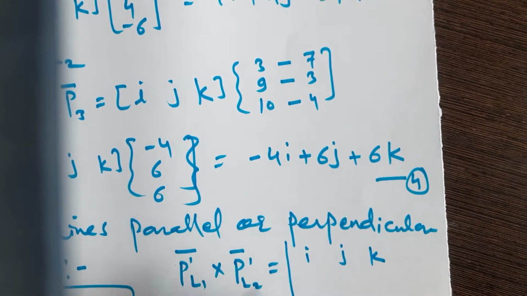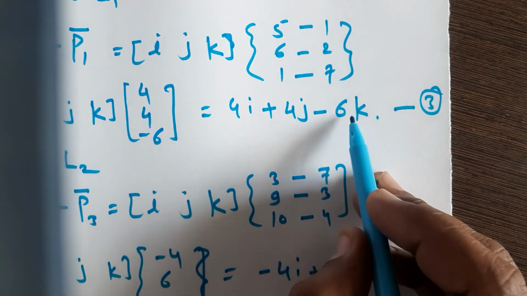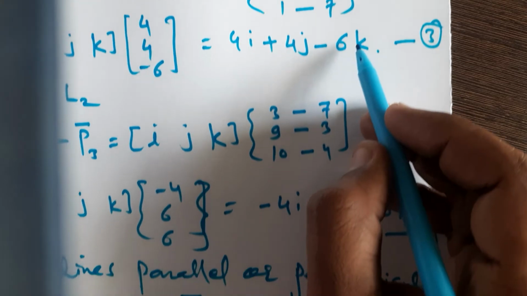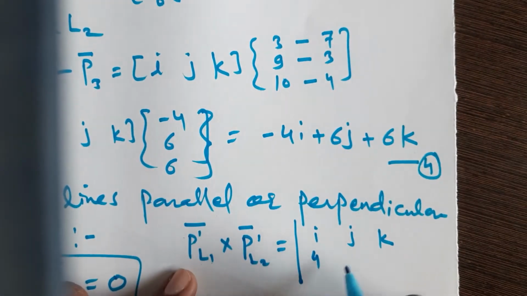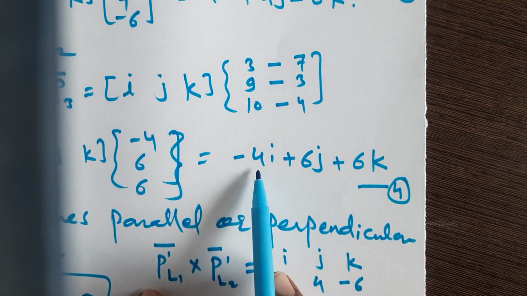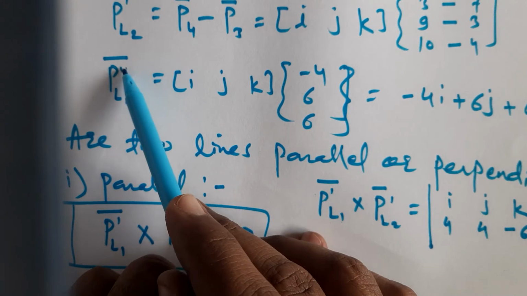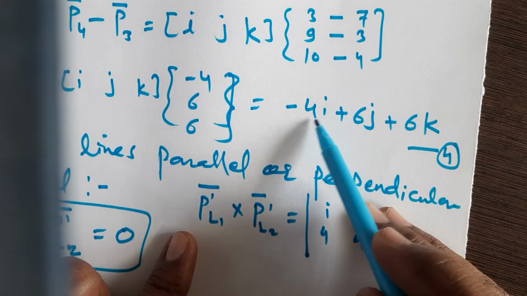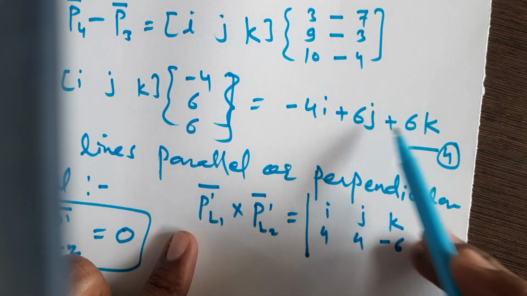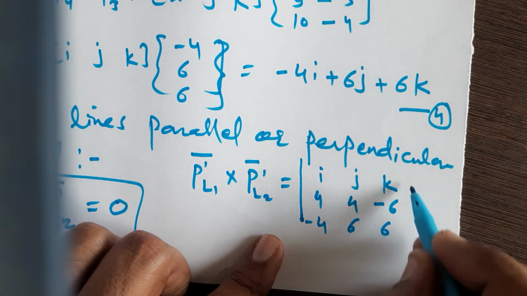PL1 is 4I plus 4J minus 6K, so 4, 4, minus 6. PL2 dash bar is nothing but minus 4I plus 6J plus 6K, so minus 4, 6, 6.